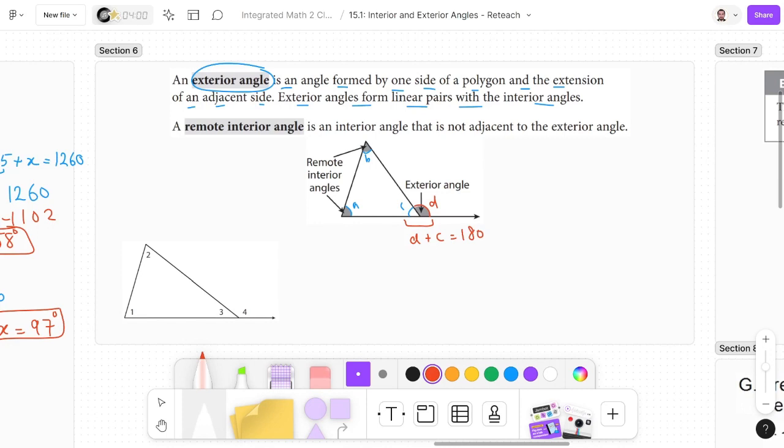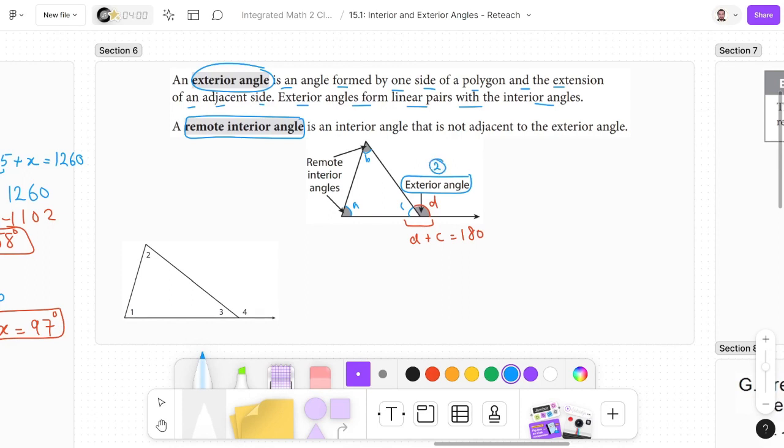Now, the second thing that you have to learn is the remote interior angle. Just pretend that you're sitting on your sofa, like this exterior angle. This exterior angle is sitting on the sofa and just switching between the channels. So the exterior angle always has 2 channels.